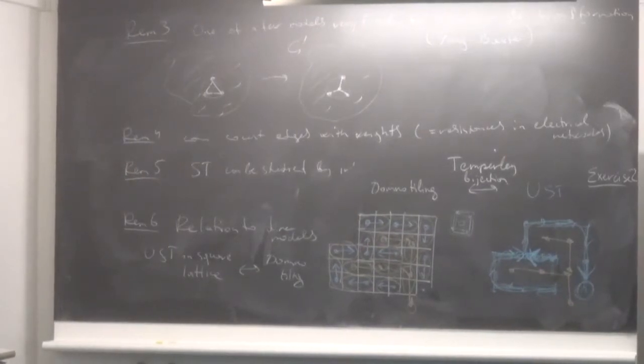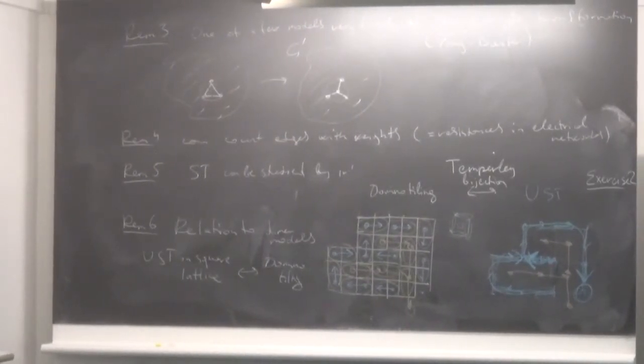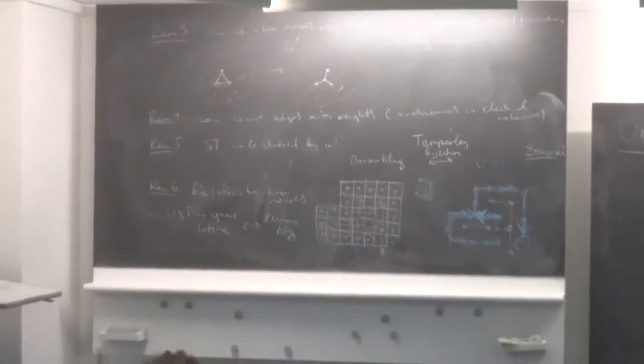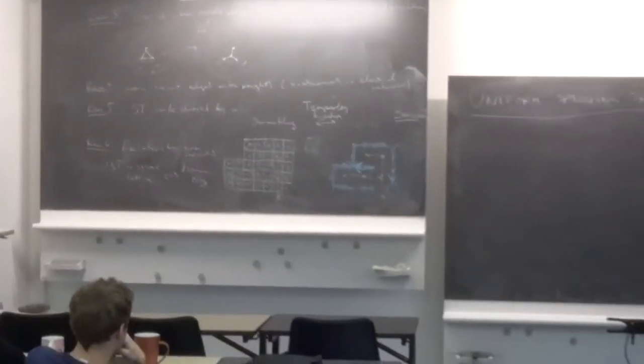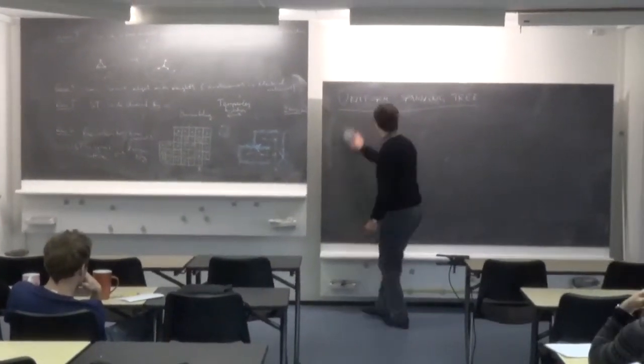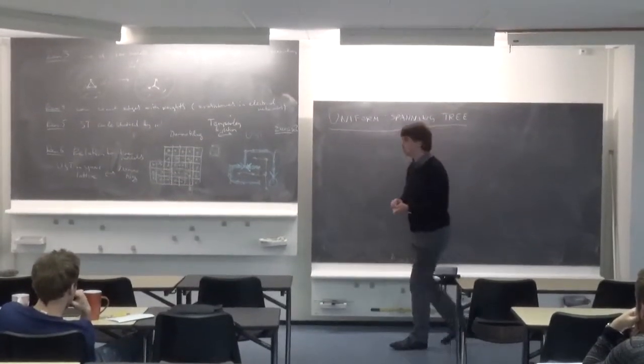Now, the question, of course, which arises after all that is, for example, if you want to study them, how do you generate them? And the very surprise, so how do you draw them on a computer, uniform spanning trees?